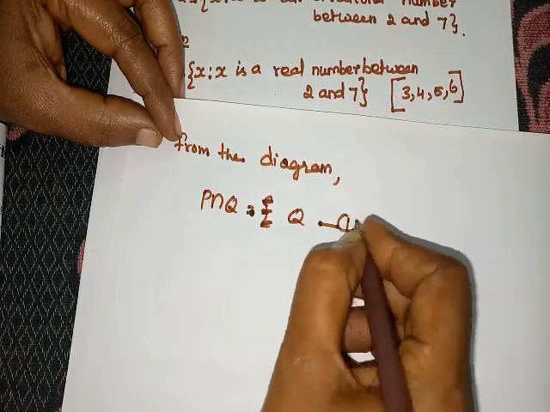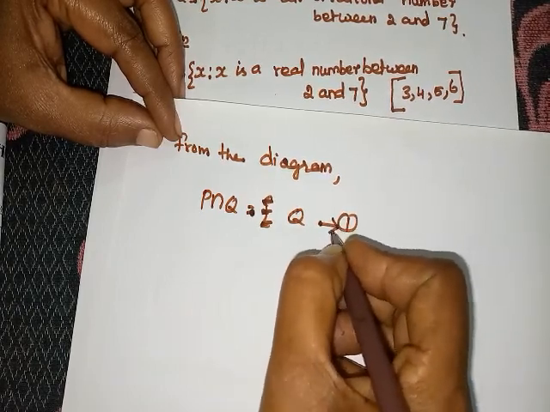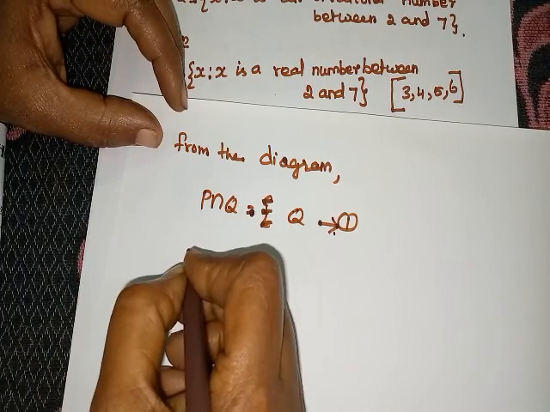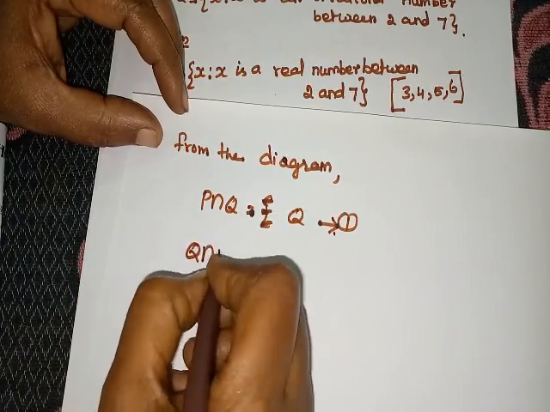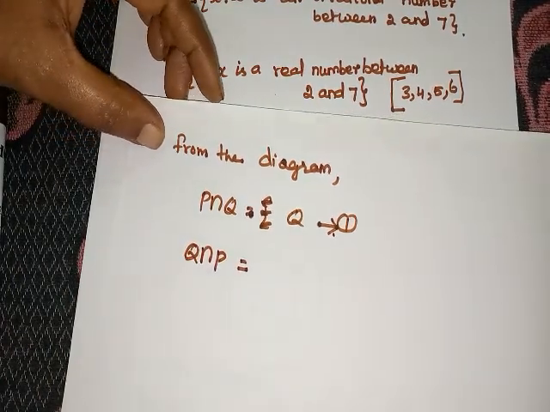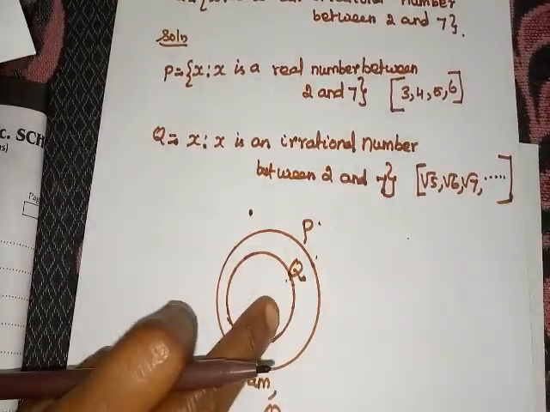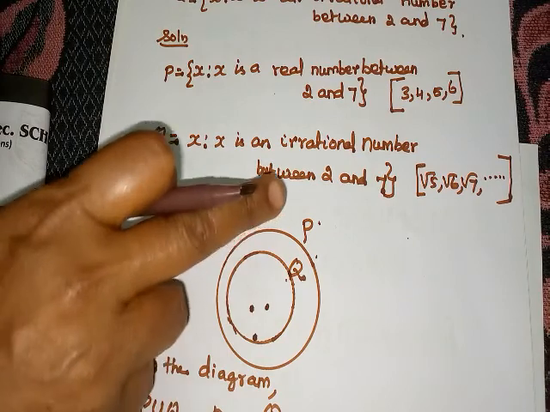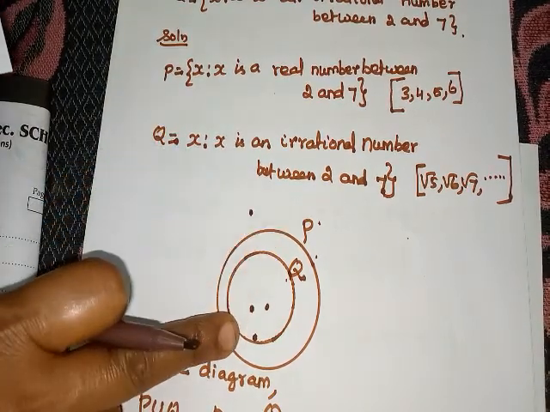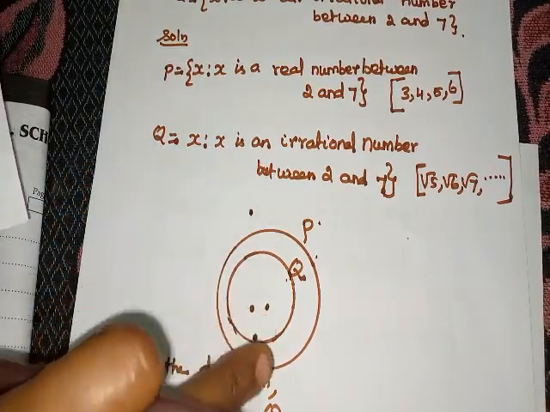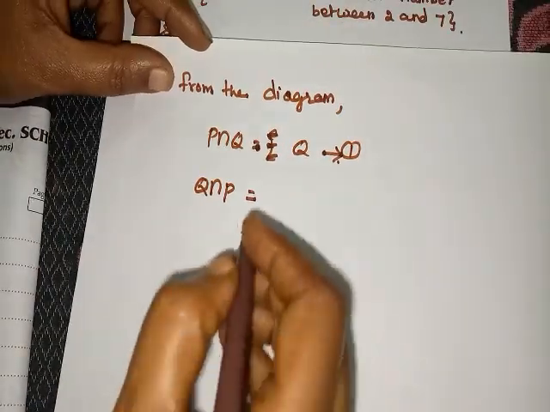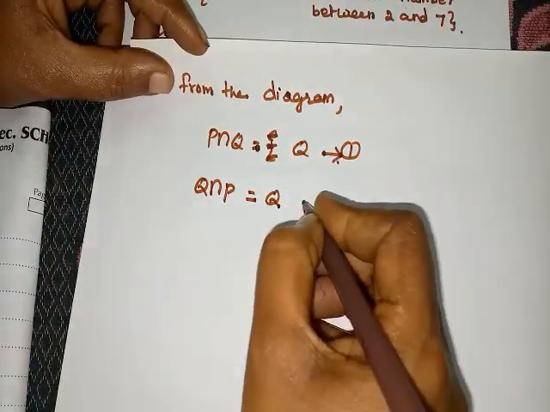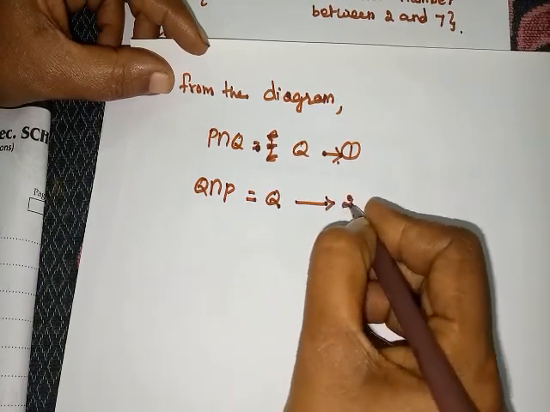That is equation number 1. Similarly, Q intersection P. What will we get? The common part of the Q set and the P set, which is the same, {1, 2}. So Q intersection P is equal to Q. This is equation number 2.